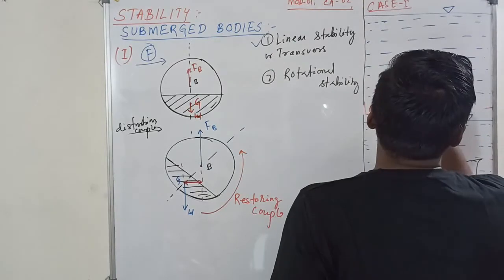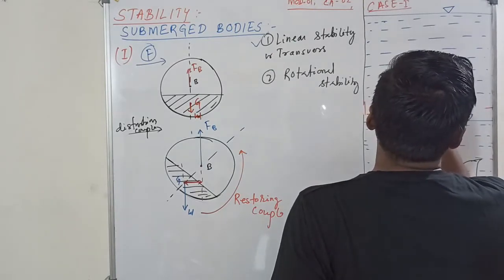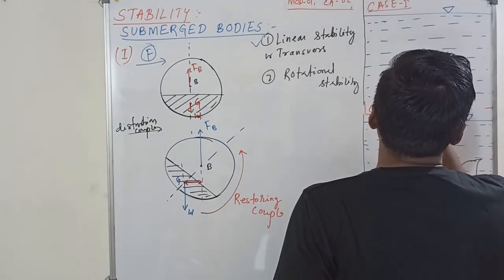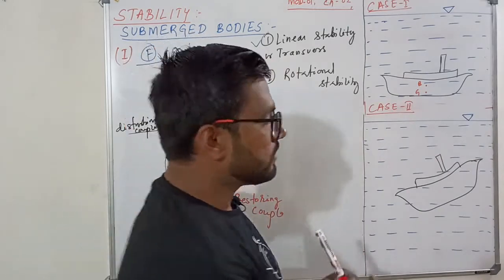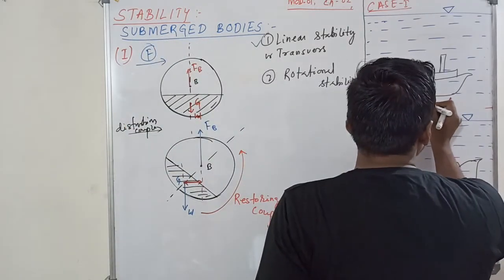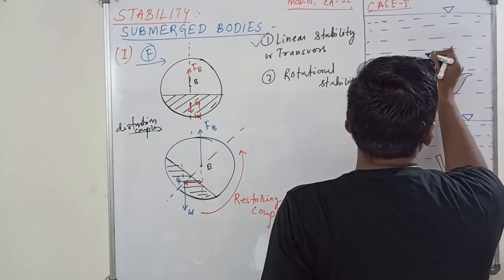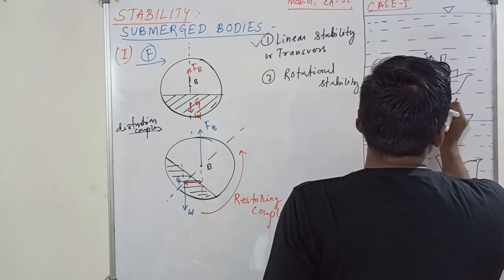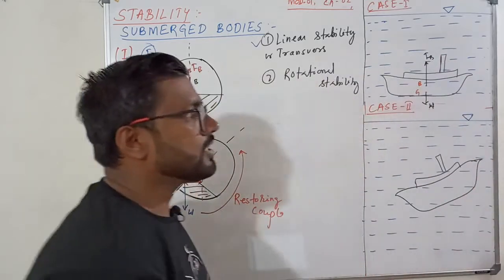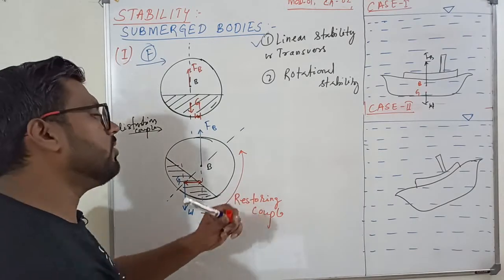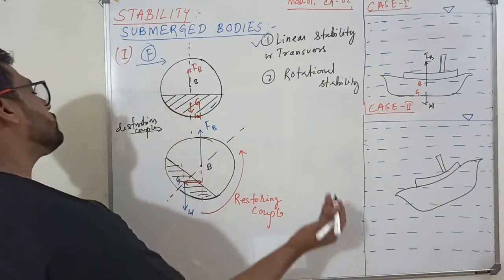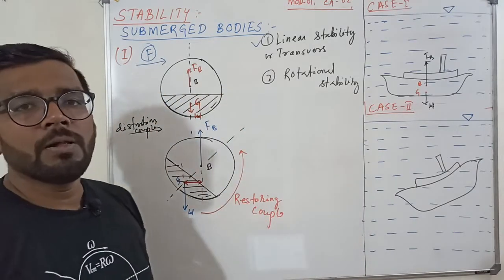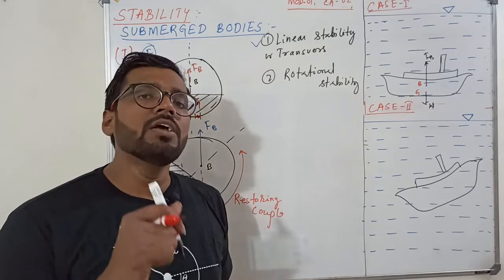In this case, your center of buoyancy is above the center of gravity. So because the center of buoyancy is above the center of gravity, if there are some disturbances, again there will be a restoring couple. The restoring couple will bring the body to its initial position.